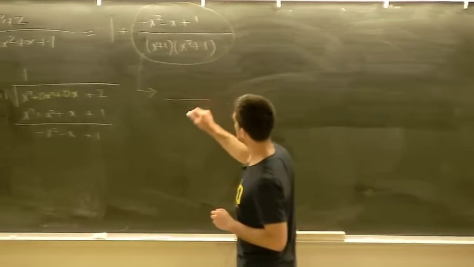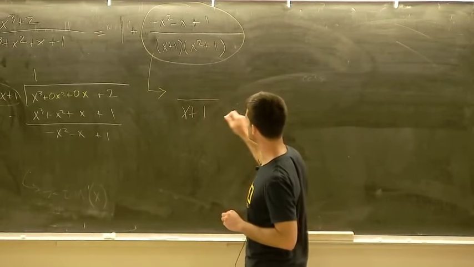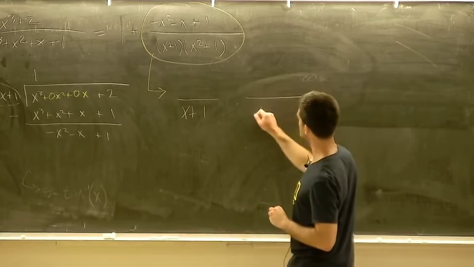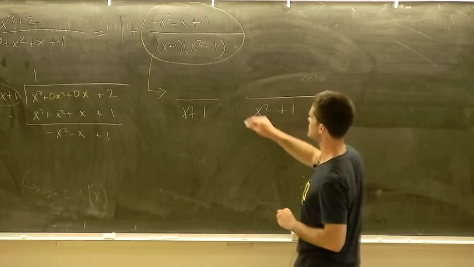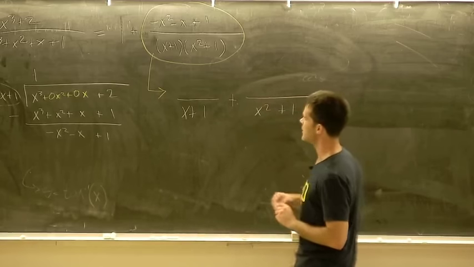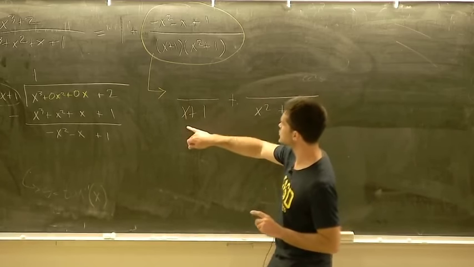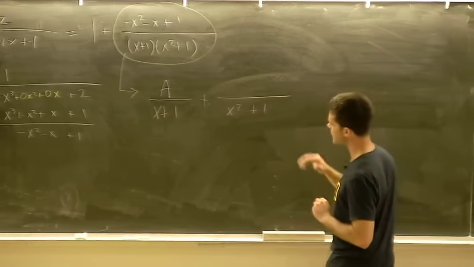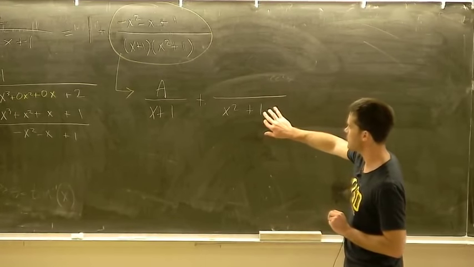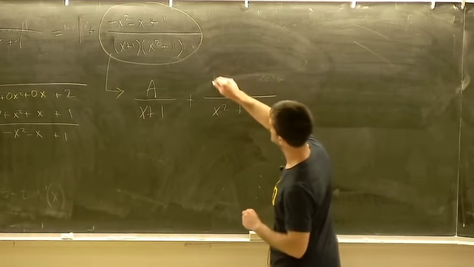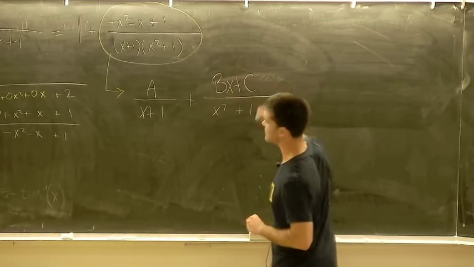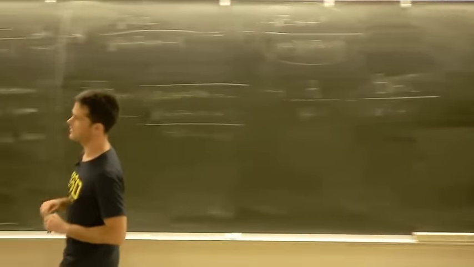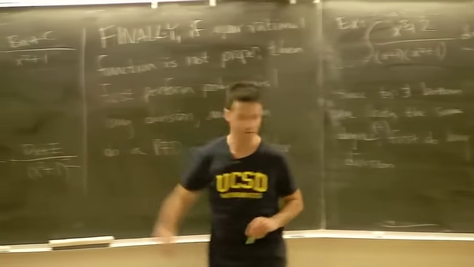So I should have an x plus 1 term, and I should have an x squared plus 1 term. And as usual with the linear term, it's just one number. For the irreducible, we'll have to write bx plus c, basically like I was saying right here.